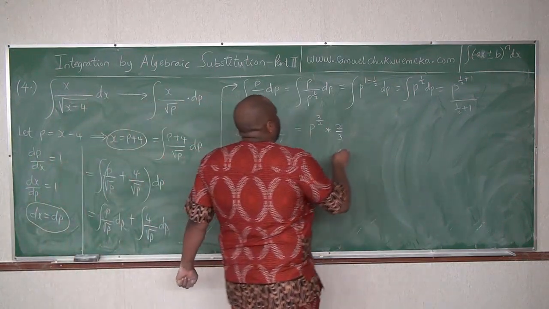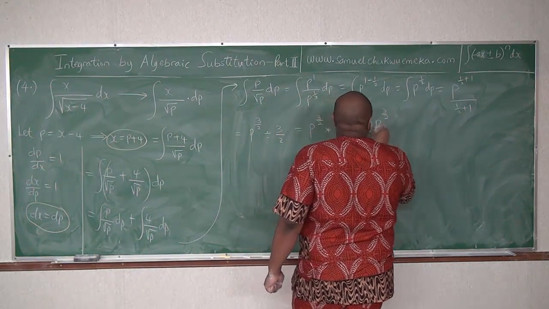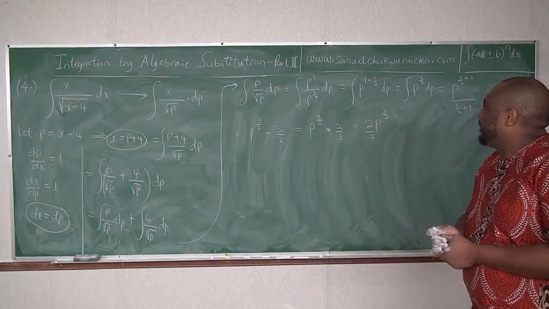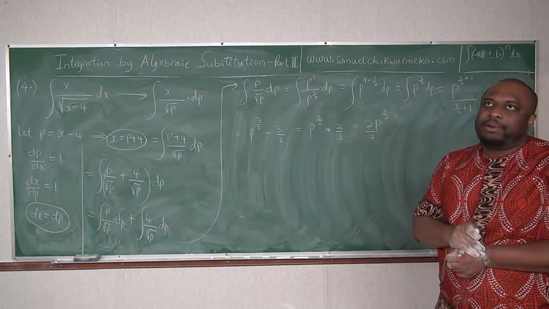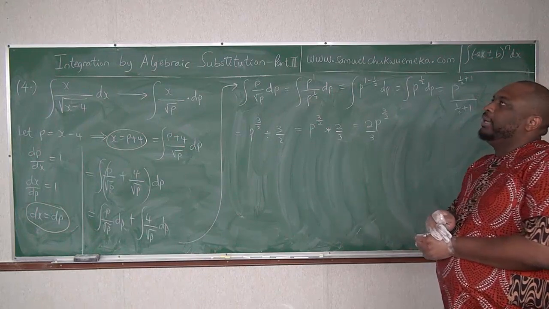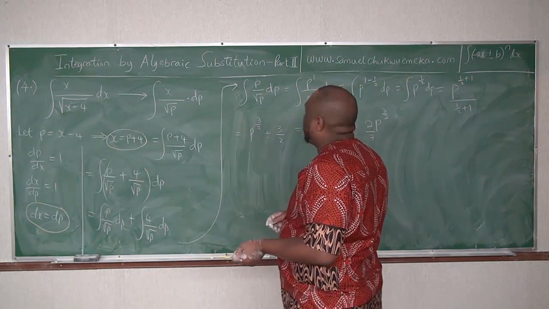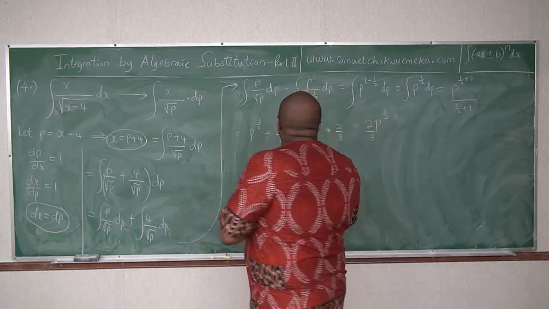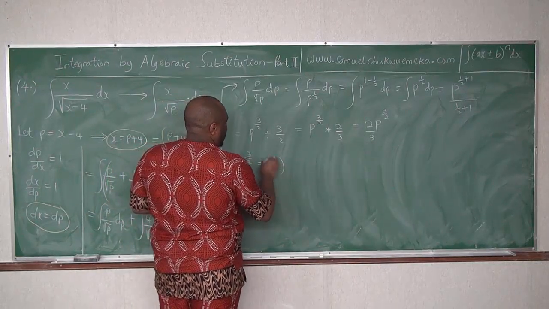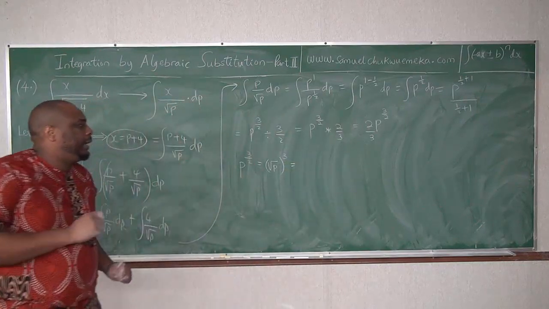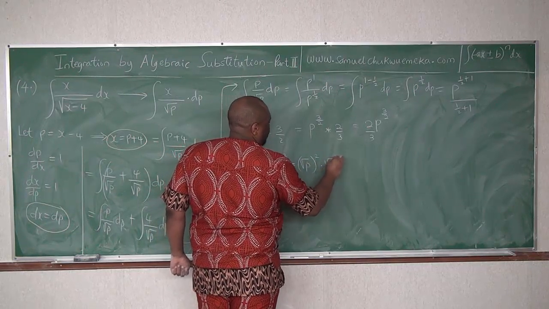Which is 2p exponent 3 over 2 over 3 times p exponent 3 over 2. Let me go ahead and simplify it right away. Since this is a square root, p exponent 3 over 2 means square root of p all cubed, so that is square root of p all squared times square root of p.